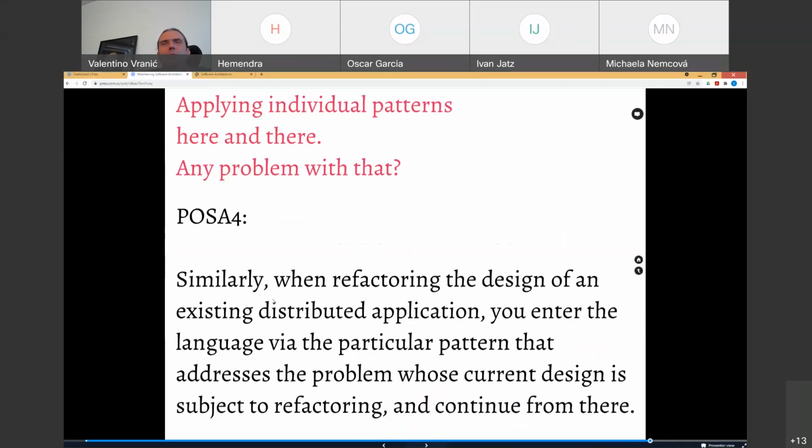So POSA 4, Buschmann and others propose this. Similarly, when refactoring the design of an existing distributed application, you enter the language via the particular pattern that addresses the problem whose current design is subject to refactoring and continue from there. So Buschmann would like us to apply part of pattern languages, at least.